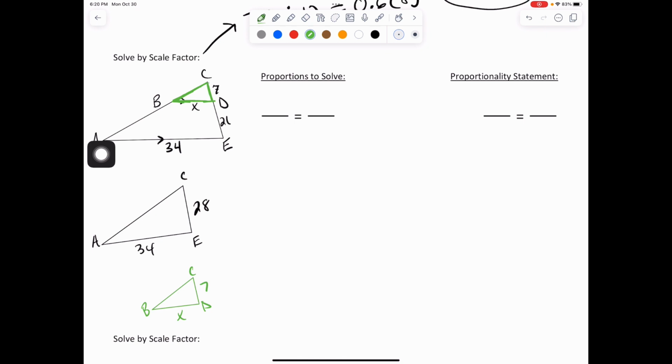Now, just looking at these triangles, you can tell what sides correspond. Now here, we would say 7 and 21, but because the 7 and 21, CE, the entirety of it, corresponds with CD, let's take a look. We have CE in black. We'll use this as our big one of 28.